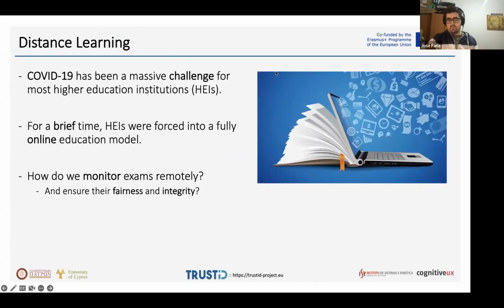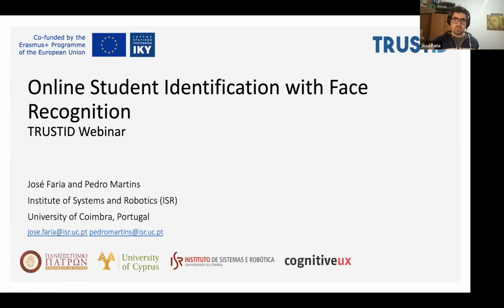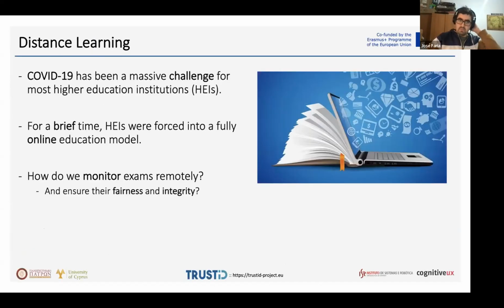Okay, so hello everyone. Welcome to our webinar about online student identification with face recognition. COVID-19 has been a massive challenge for traditional institutions, which have traditionally been mostly face-to-face learning.